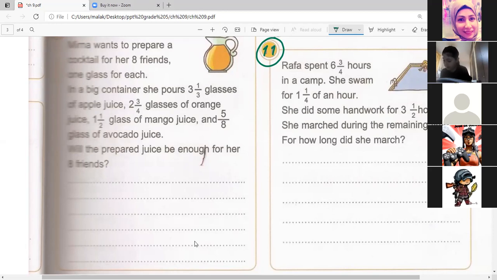She did some handwork for 3.5 hours. She marched during the remaining time. For how long did she march?